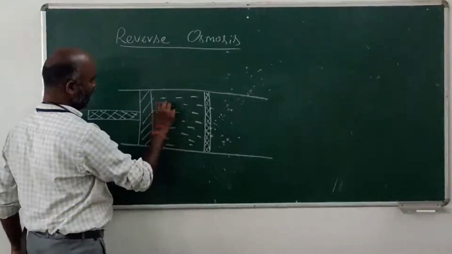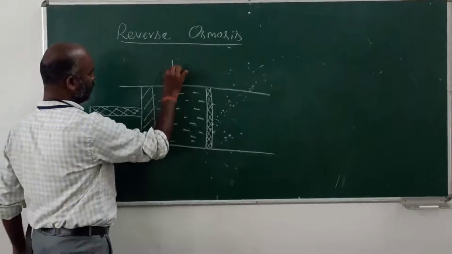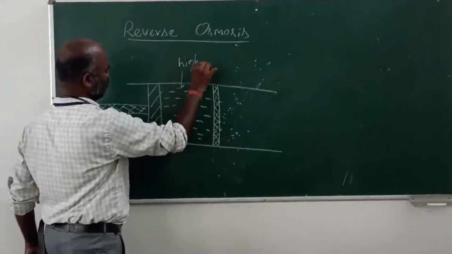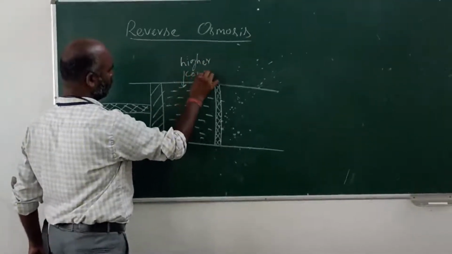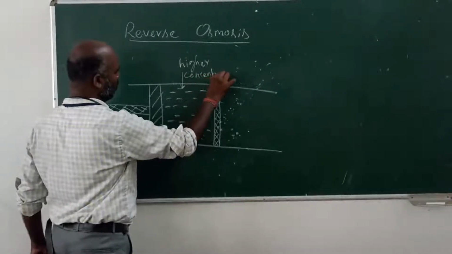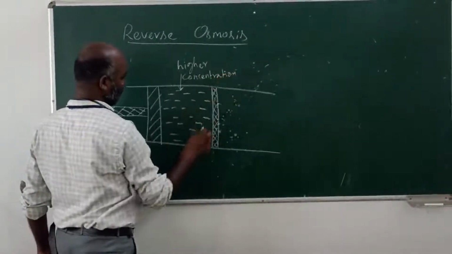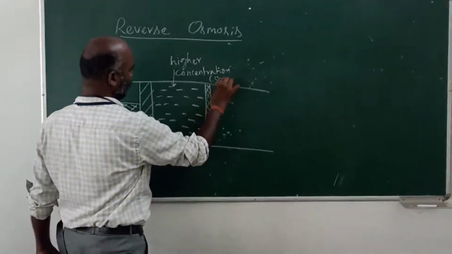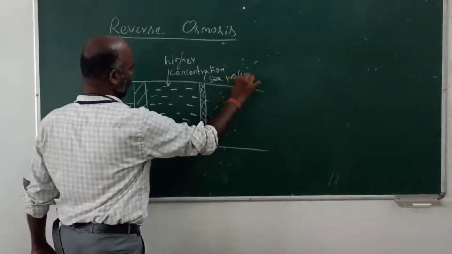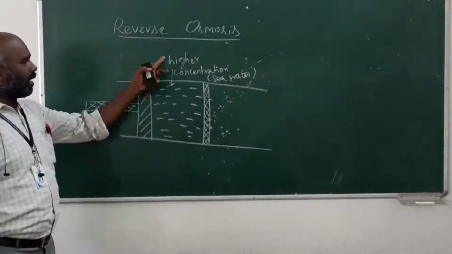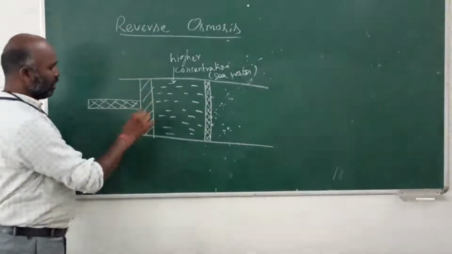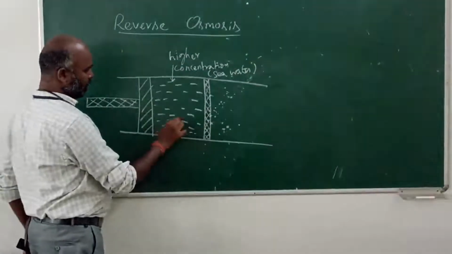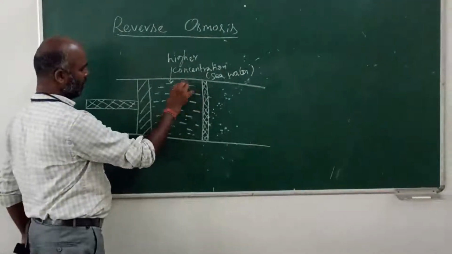So it is the higher concentration. Higher concentration, for example, is sea water. Sea water is the best example for the higher concentration. More salt is present in this sea water.